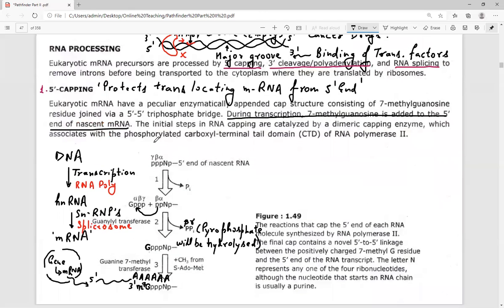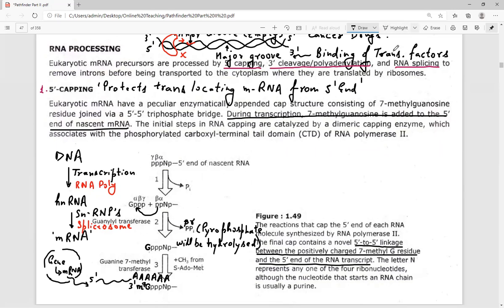See, the most important question that is asked: where in the entire biological world is there a 5' to 5' linkage to the positively charged 7 methyl guanosine residue? The 5' to 5' linkage is present at only one site in the biological world, and that is at the capping region of the mRNA.